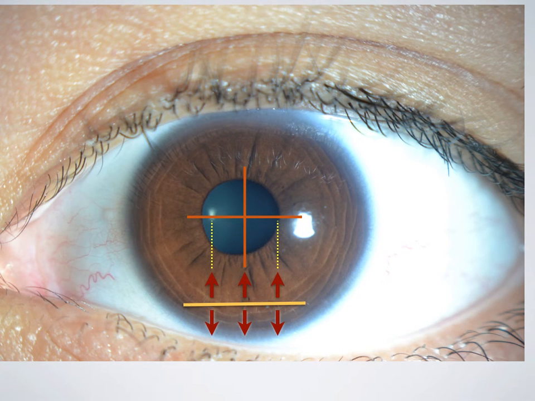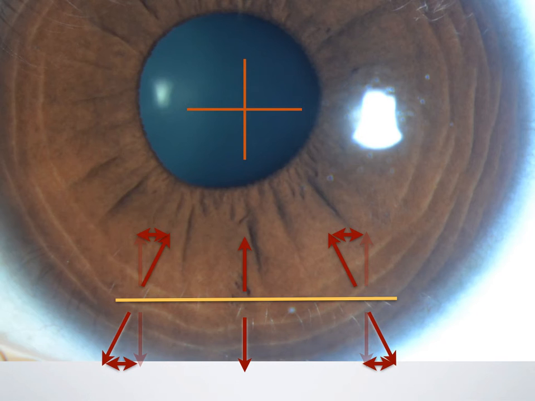This is a horizontal incision that is not coupled, or not completely coupled. It's coupled in the center, but it is not completely coupled out in its periphery. We can think of the periphery as sort of a geometric addition of an incision that is coupled and another horizontal one that is not.